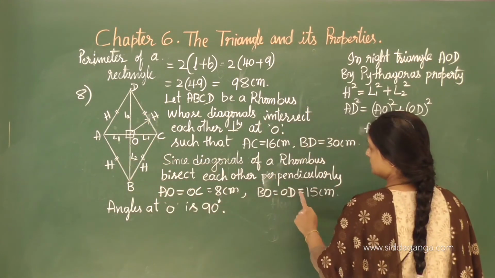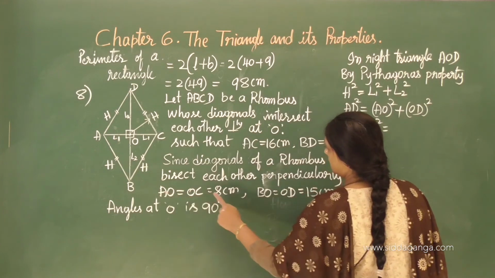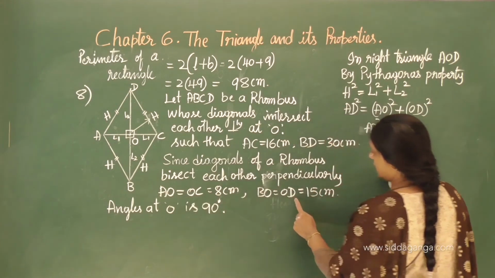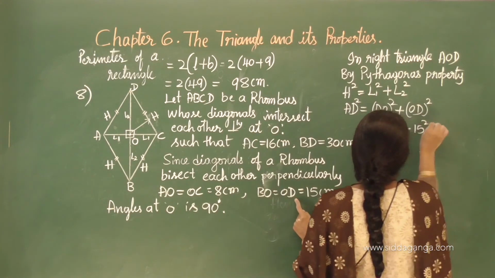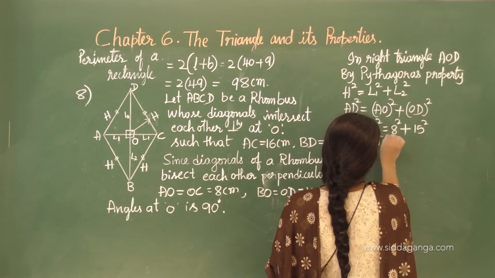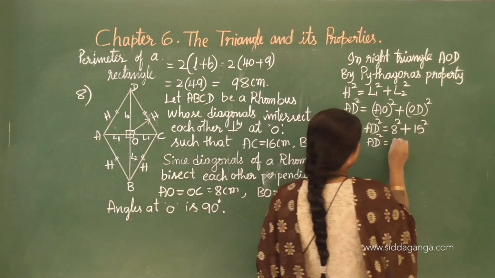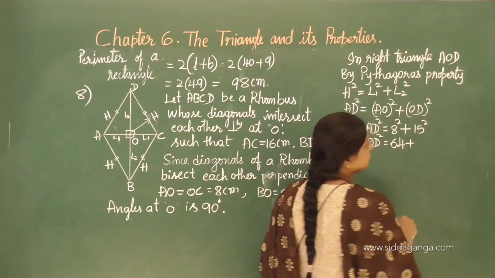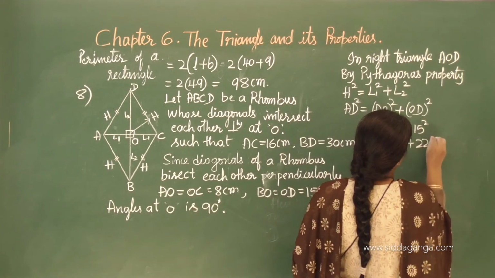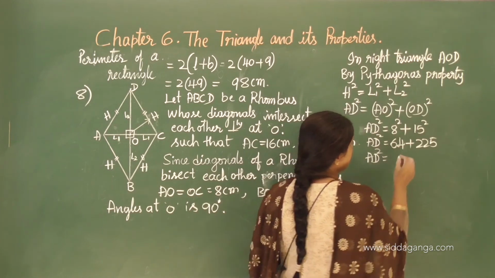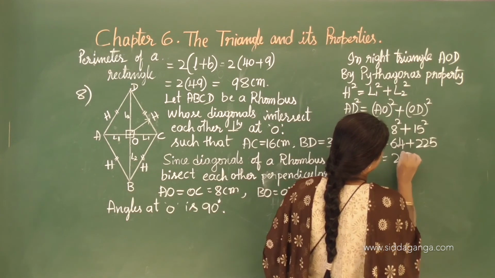AO is 8 centimeter, 8 square plus OD is 15 square. AD square is equal to 8 8s are 64 plus 15 15s are 225. Add these two, then AD square will be 289.